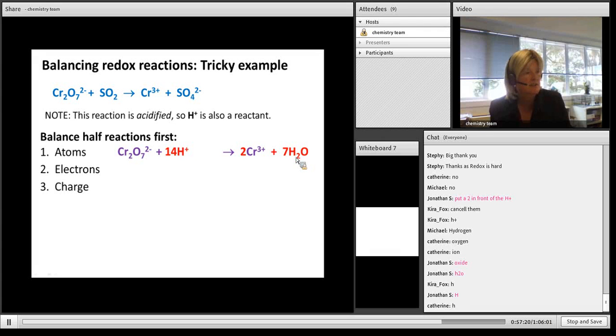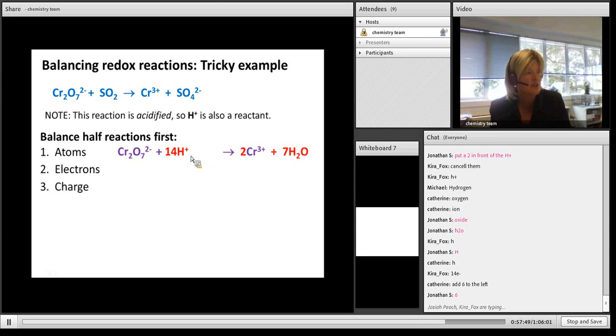Then the next step is to balance electrons. How many electrons do you think I'm going to need to add to make the charge equal? Here I've got neutral, plus 2 times 3, so I've got plus 6 on this side. How many electrons do I need to add to make this total charge equal to plus 6? Just think of the 14.